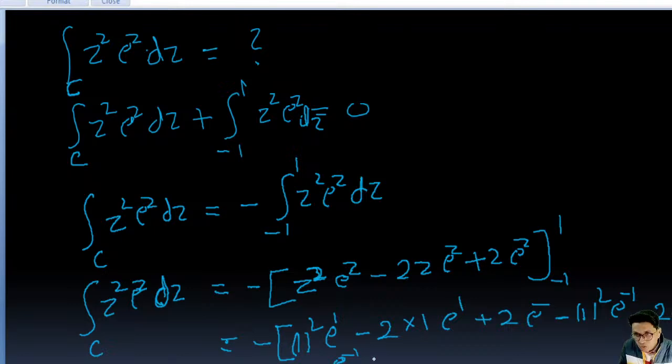Again, it is going to be minus 2 e to the power -1. We have kept the limit here. So this will be plus.